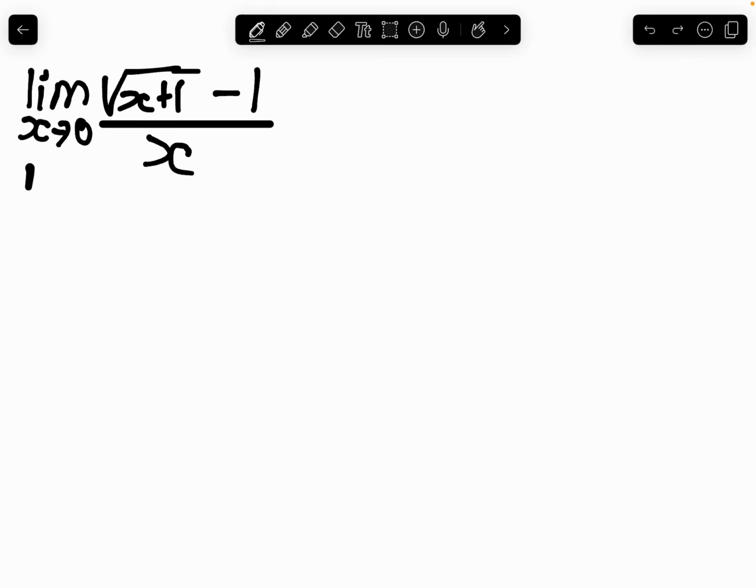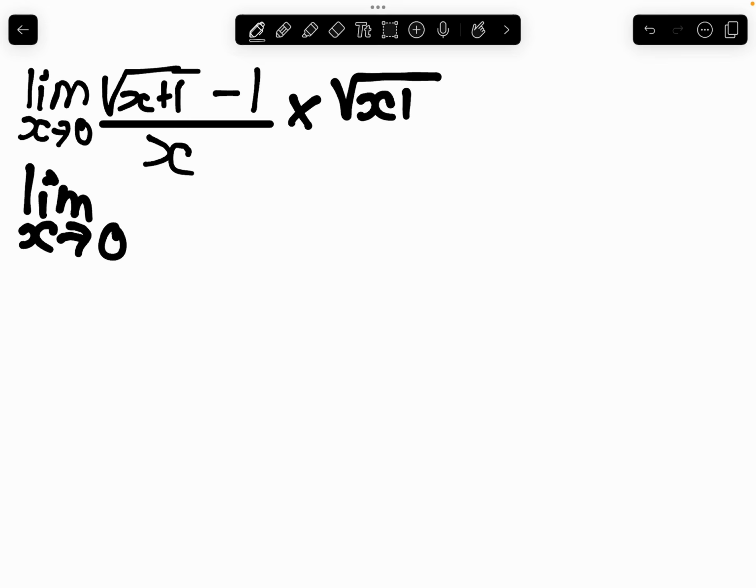So first, we just do this as usual, and then we're gonna multiply this by its conjugate. If you don't remember what a conjugate is, that is a situation where you have a fraction that has a radical and a plus or minus operation outside of it.